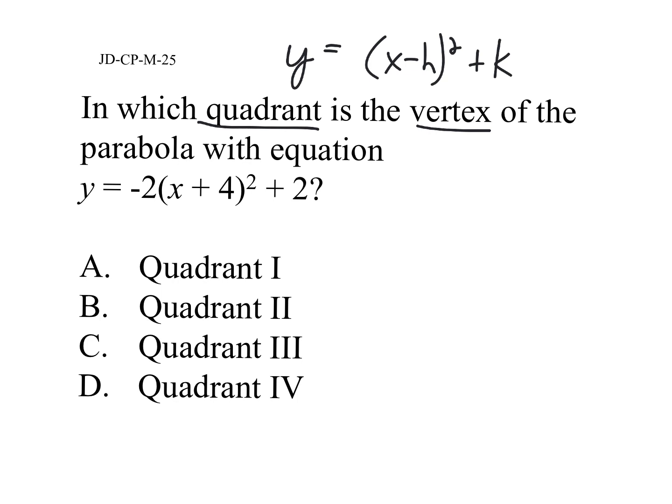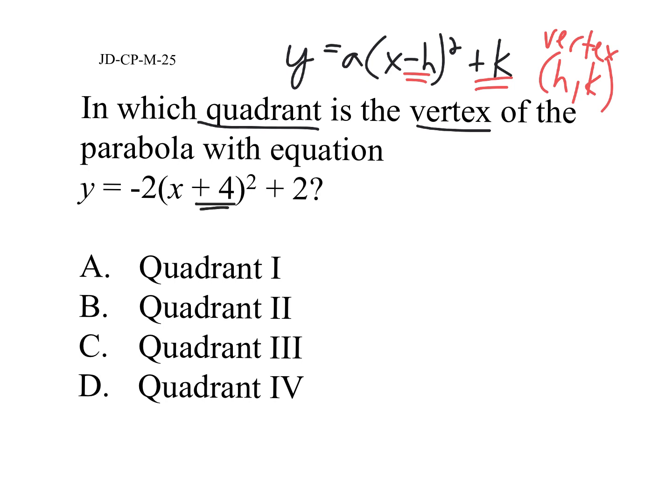Here's kind of the idea of this setup. Similar idea to our circle, only a little bit different. Our vertex is at h and k. Okay, so it's minus h, but then it's plus k. So the x part kind of goes opposite of what you think. The y part goes like you would think it would.